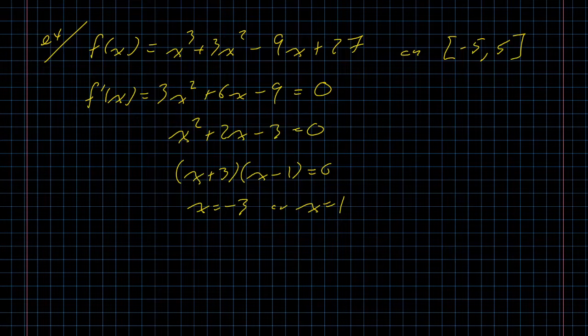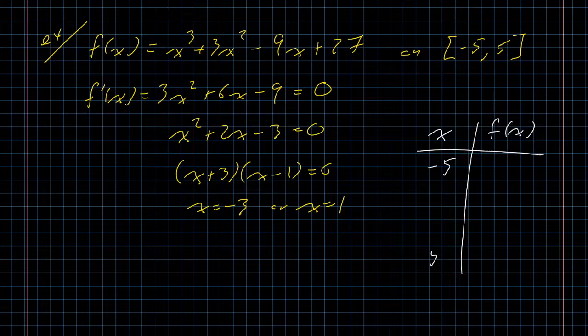And with that, I can write out my table. My endpoints have to appear on the table, negative 5 and positive 5. And the critical values that fall inside those endpoints also have to appear on the table, negative 3 and positive 1. And then we evaluate our function at each of those points.